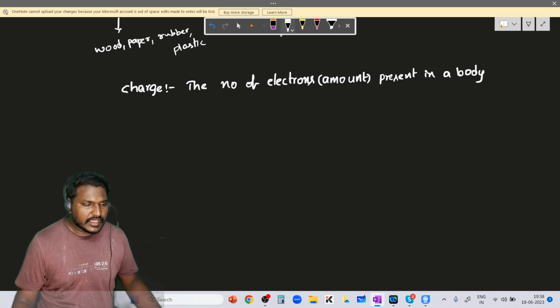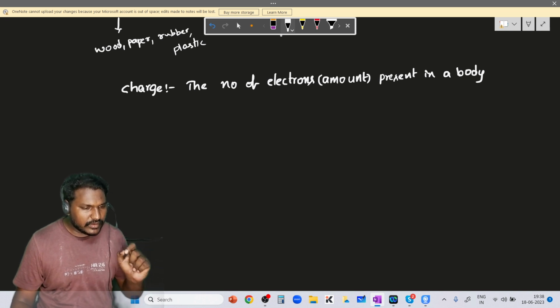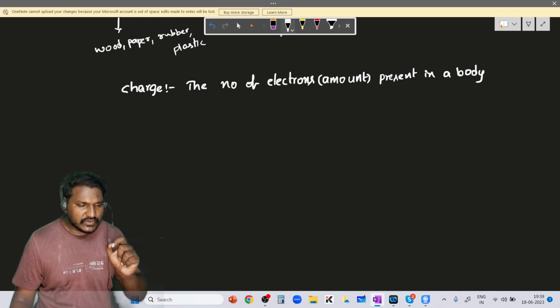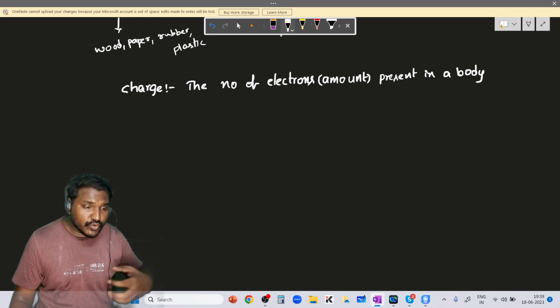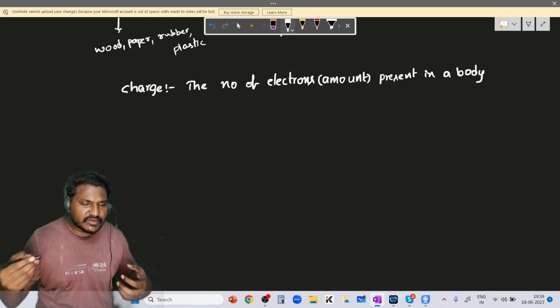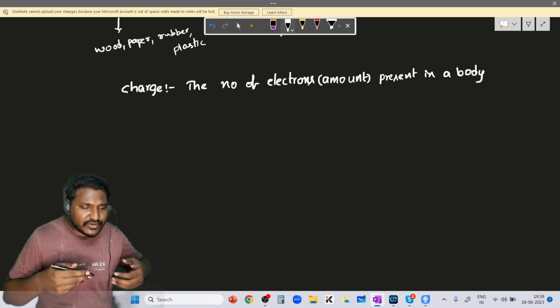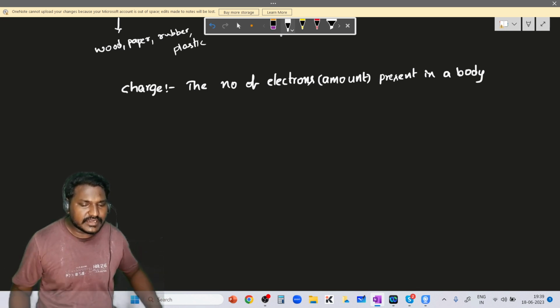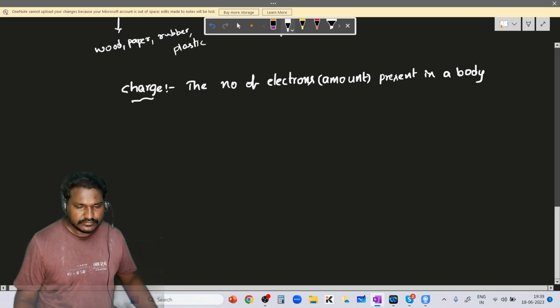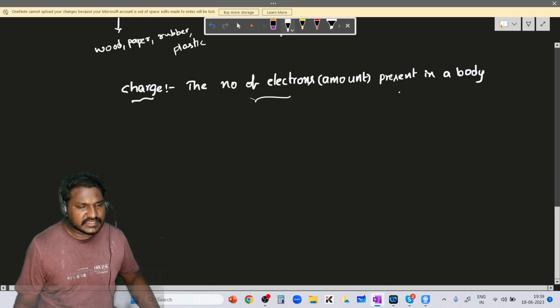Remember this point. Electrons alone are responsible for passing the current. So if there are more free electrons, more current will be produced. If there are fewer free electrons, less current will be produced. And the number of electrons combined is called charge.